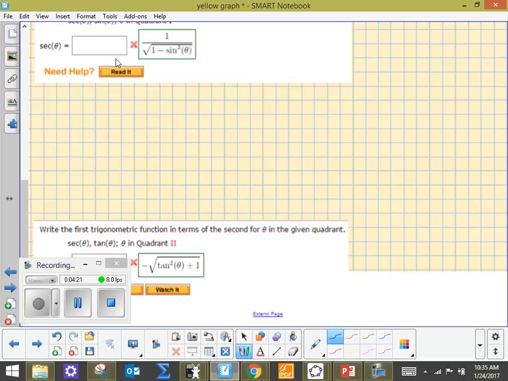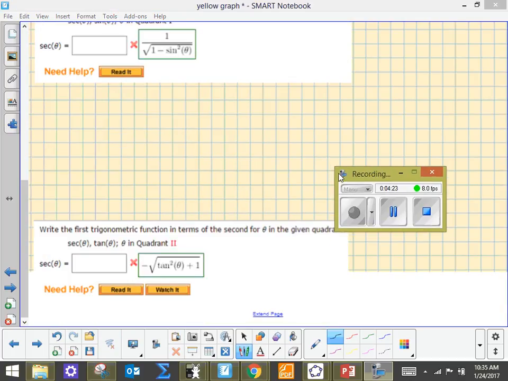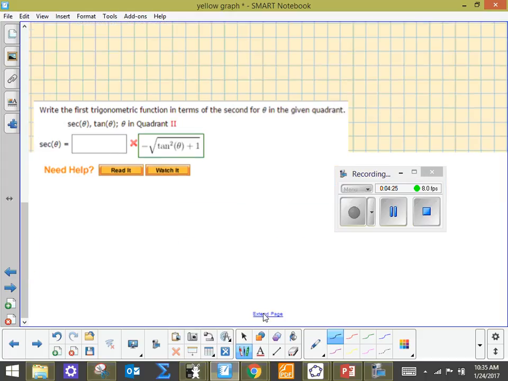Working down to this last one, it's the same concept, but now we have to use a different trig ratio, or trig identity. In this one, it's still called a Pythagorean identity. It's actually a variation of sine squared plus cosine squared, and it's tangent squared theta plus 1 is equal to secant squared theta.